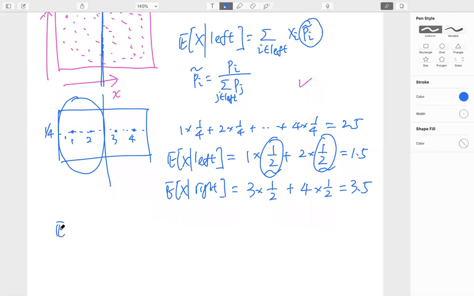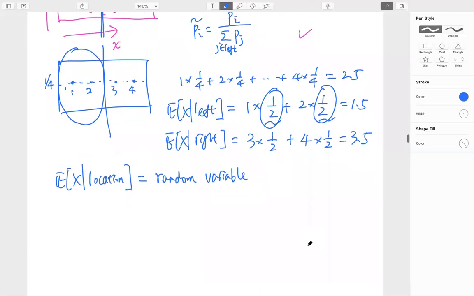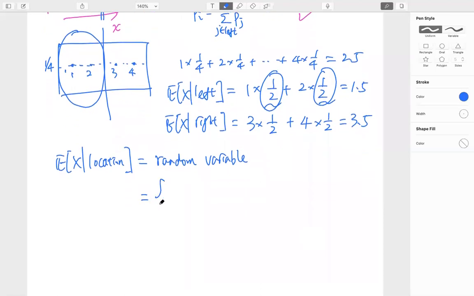So in other words, let's say location is a random variable. In this very simple case, it can take 2 values, 1.5 and 3.5. What is the probability of my left-hand side? A quarter plus another quarter, so it's 50%.